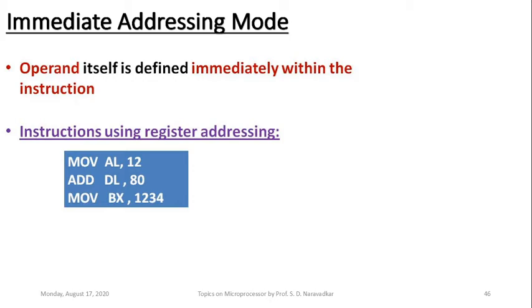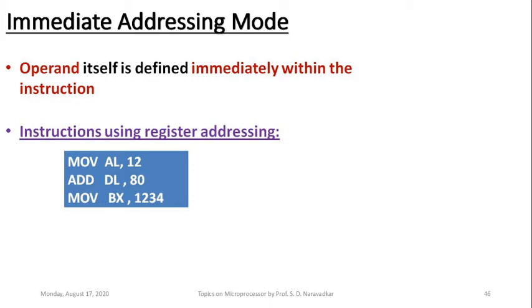What is this 12? It is the 8 bits of data which I want to move to AL register. No doubt that immediate data 12 is moved to register AL, but one should not specify this as a register addressing mode here, because one register will be always there. But the second operand specified here is the immediate data 12. That's why this is exhibiting immediate addressing mode.